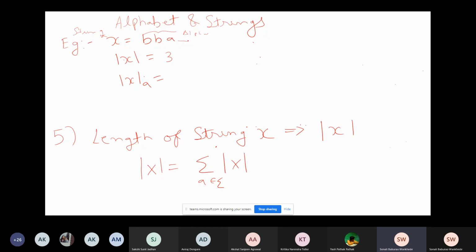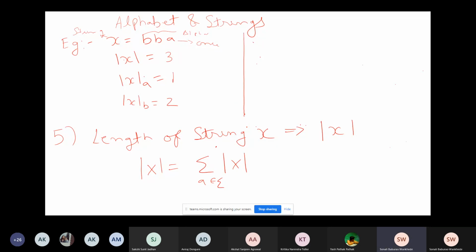A is occurring only once. So the occurrence of a is 1. Similarly, if I want to compute the occurrences of b, what will be my answer? My answer will be 2.